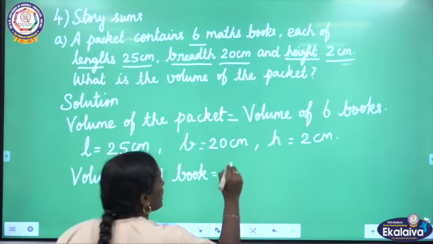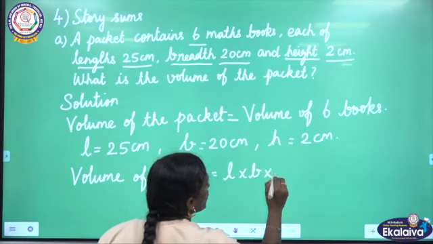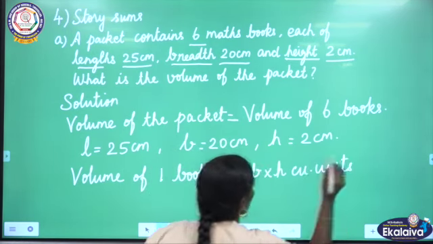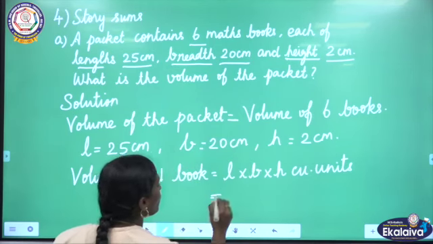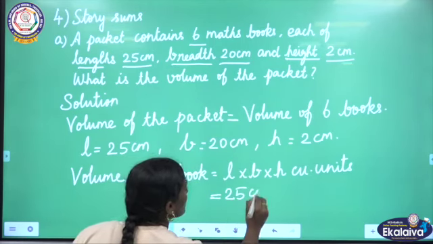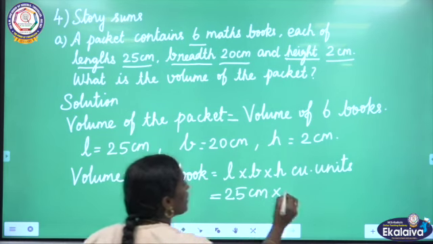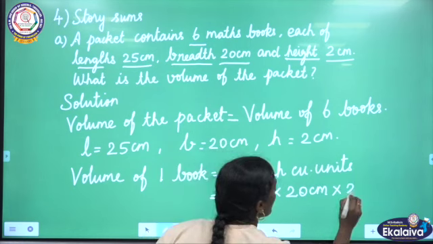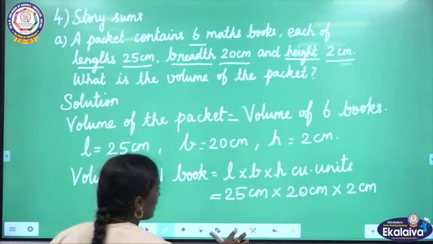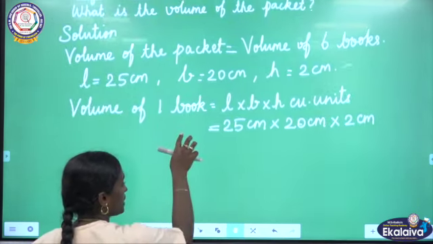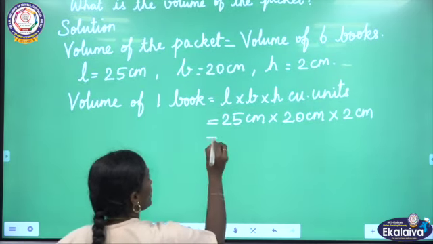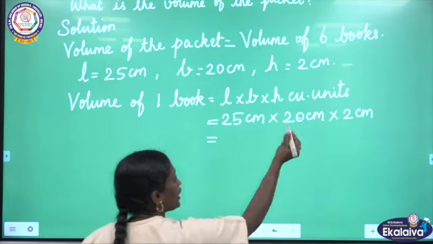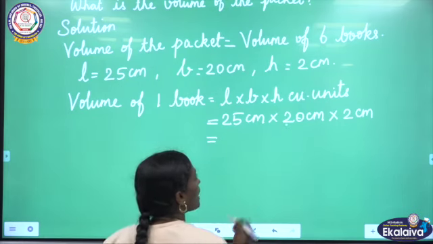Volume is equal to length into breadth into height cubic units. Okay, so length is equal to 25 centimeter into breadth is equal to 20 centimeter into height is equal to 2 centimeter. Now we have to multiply these numbers. So 25 into 2 we will get 50. 50 into 2, 100, then we have to add one 0.